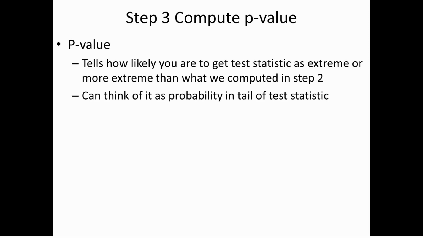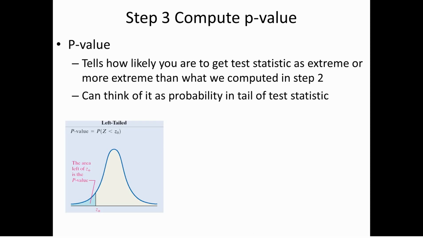And so one way to think of it, and this is very useful, we go back to those different hypothesis tests that had these tails. We're going to think of it as the probability in the tail of the test statistic. So for example, if we're doing a left-tailed test, where we're claiming that mu is greater than mu naught, we're testing down here.